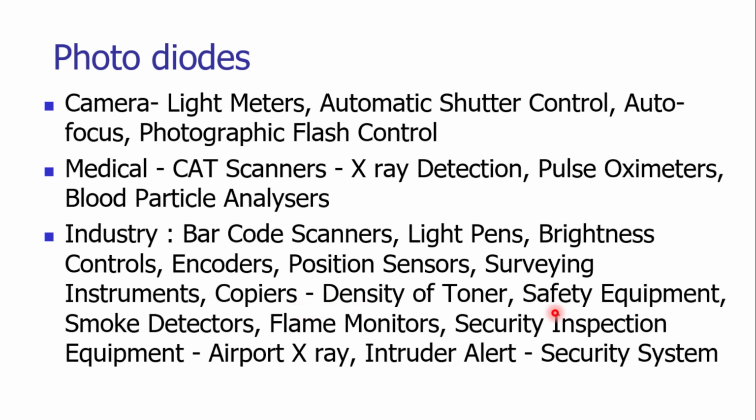One important application of the photodiode is in safety equipment, like detection of smoke and monitoring of flames. These diodes are also used for security inspection equipment such as X-ray scanning instruments, and systems providing intruder alert alarms, and so on and so forth.